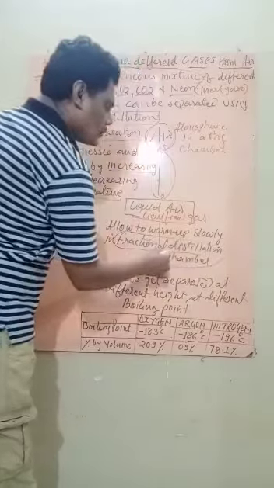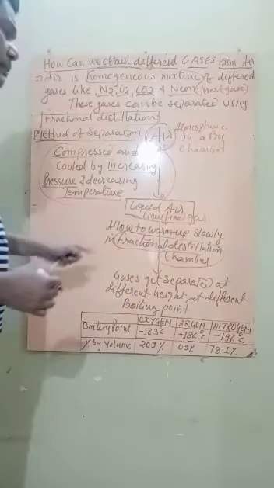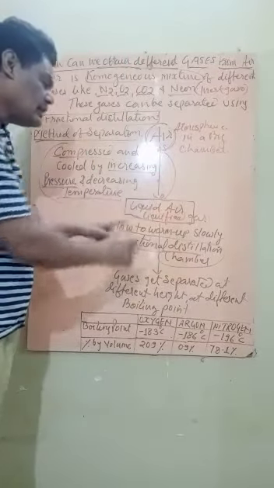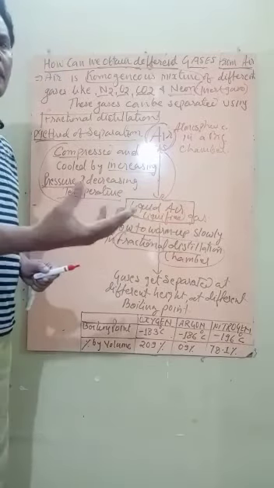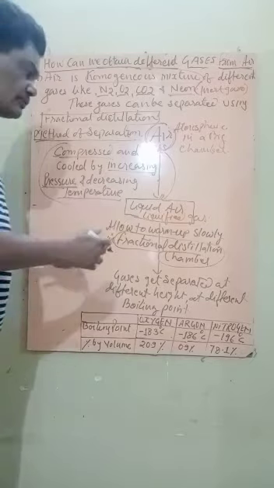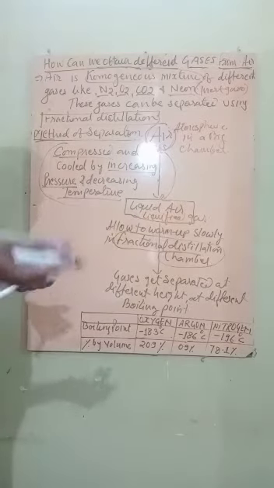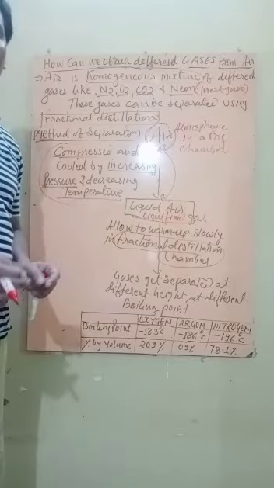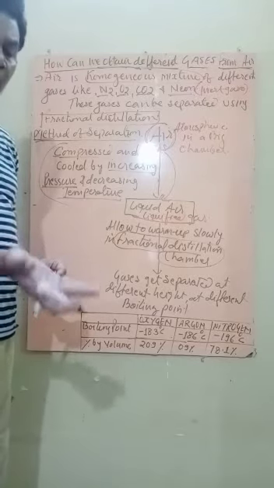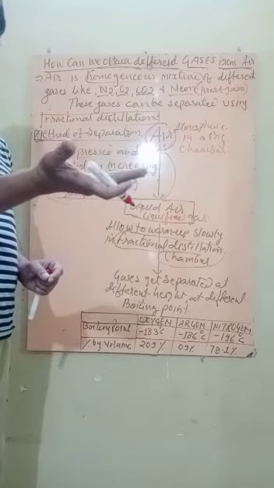Now there is a column, or fractional distillation chamber, where we will fill all these gases, and then we will increase the temperature. As we increase the temperature, the gas whose boiling point is very low, or say lowest, will convert again into gas.